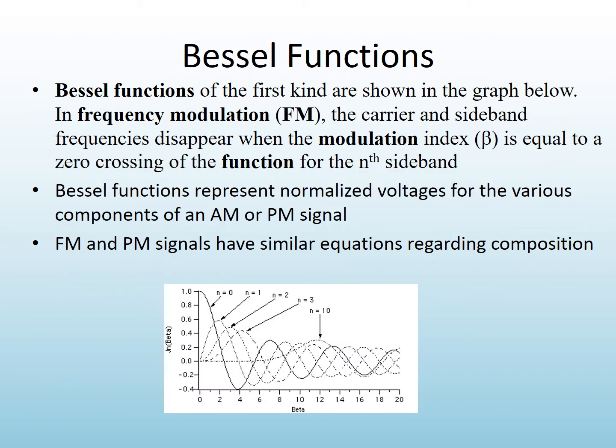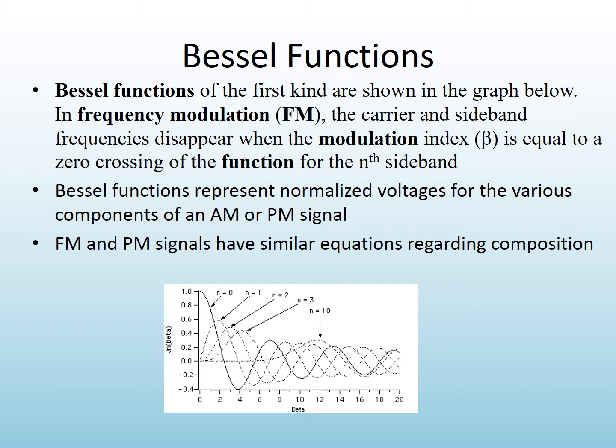Next, we'll see what a Bessel function is. The Bessel function gives the information about the modulation index, and what the amplitude of the components of your FM and PM signals will be when the beta value increases, because beta decides whether it is going to be narrow band or wide band FM. So what happens to the beta value?